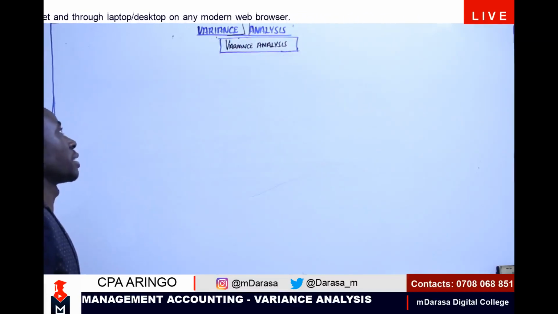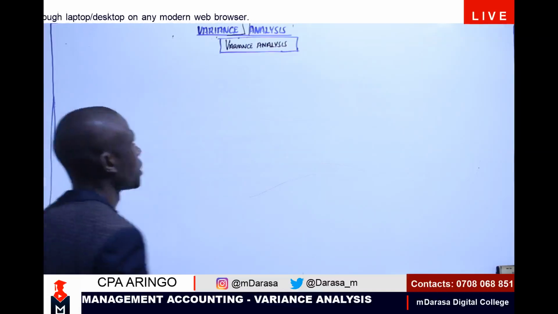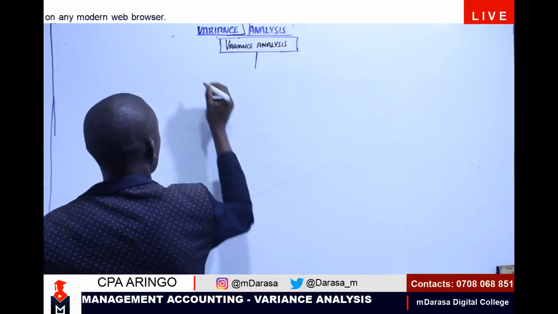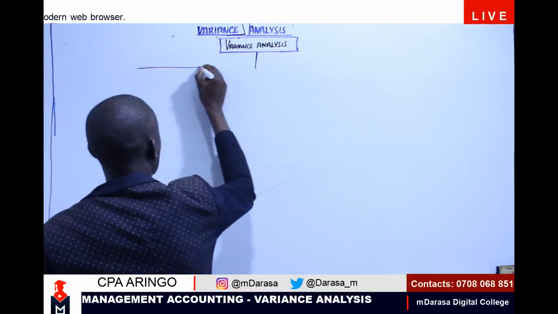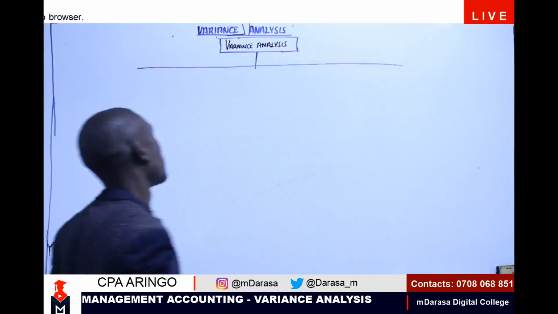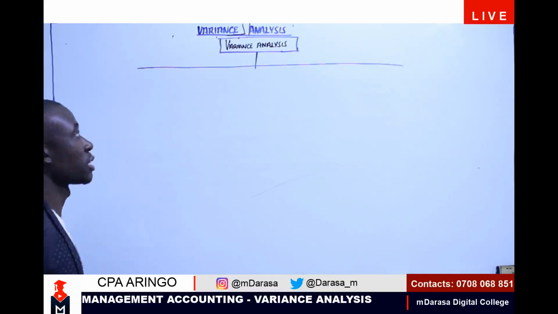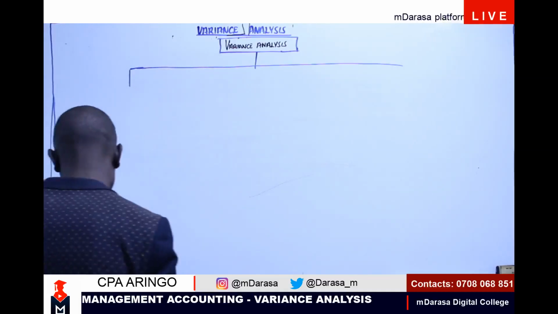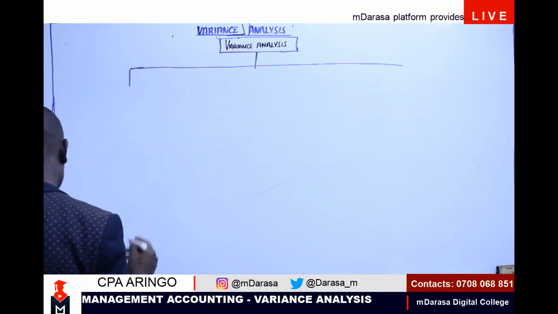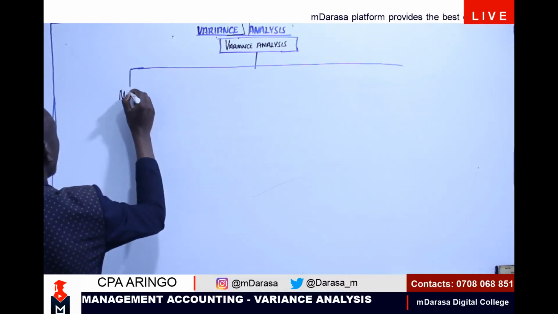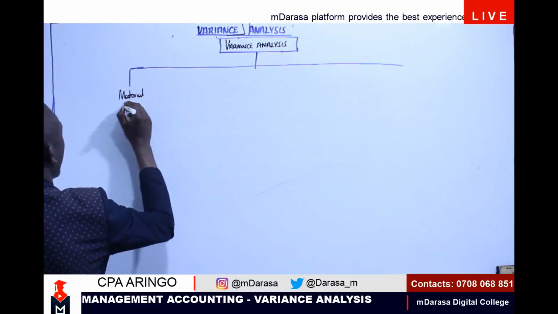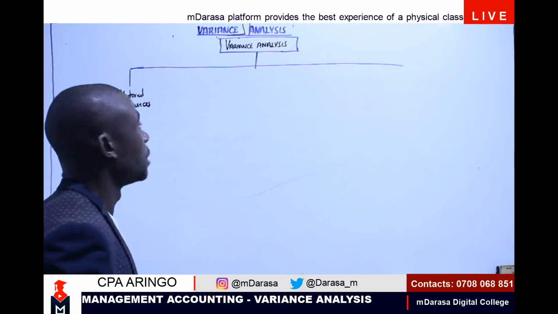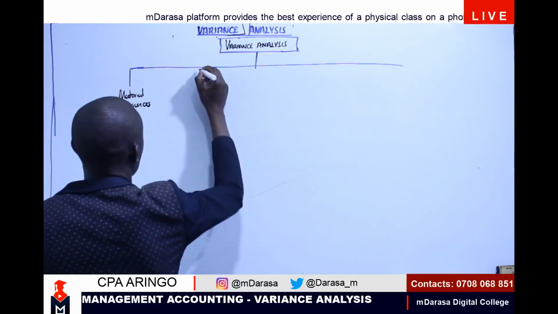So I'm having variance analysis, and it is going to be categorized into the following. Let us have a form of chart. Number one, we can talk of material variances. Number two, labor variances.